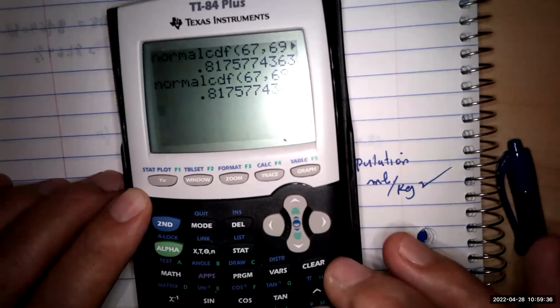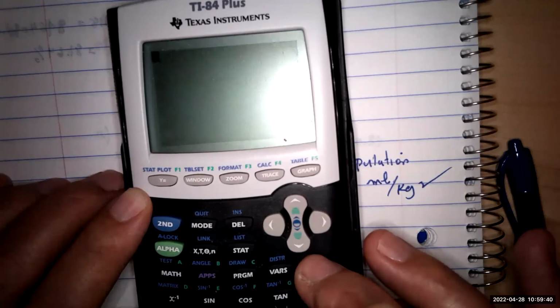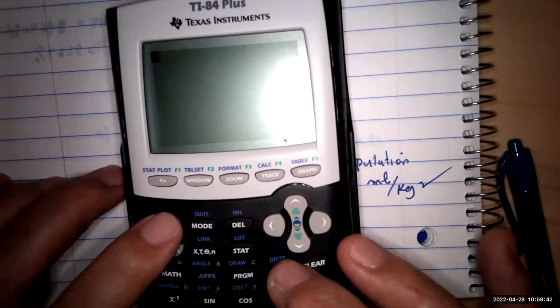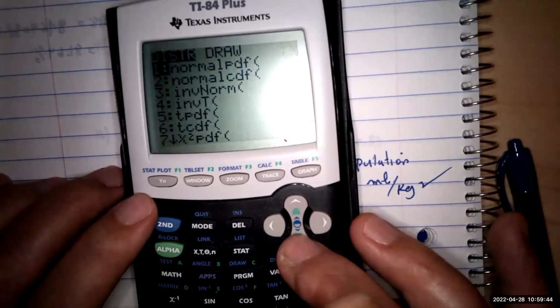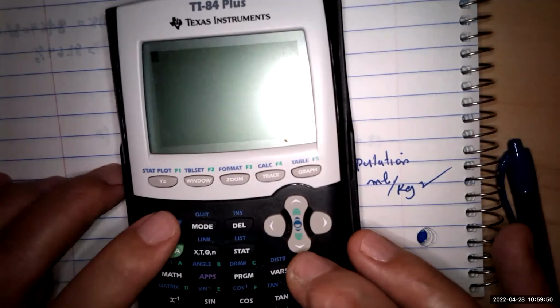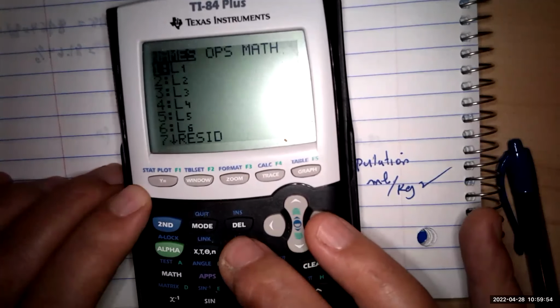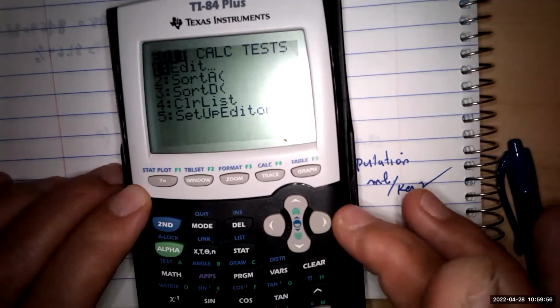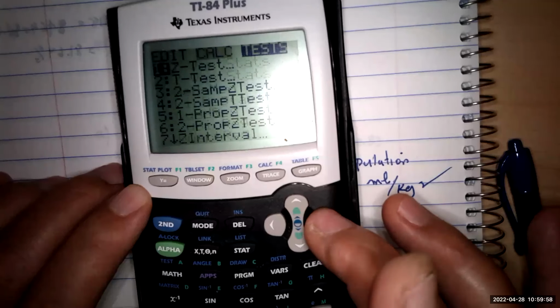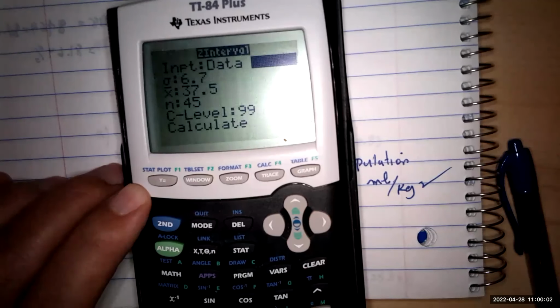Something was wrong with my calculator over here. So that was the test, the number 7.